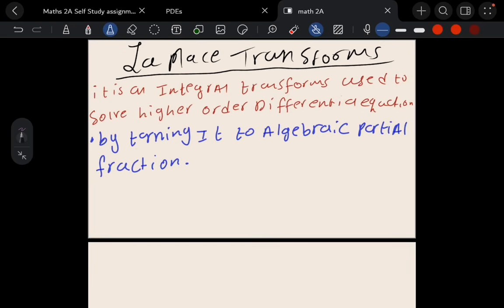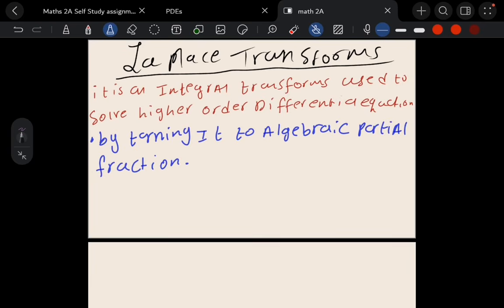When we solve differential equations using the Laplace transform, we are transforming it to another part of this world, and it tends to be an algebraic partial fraction.